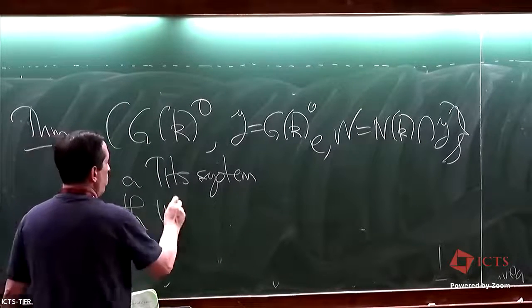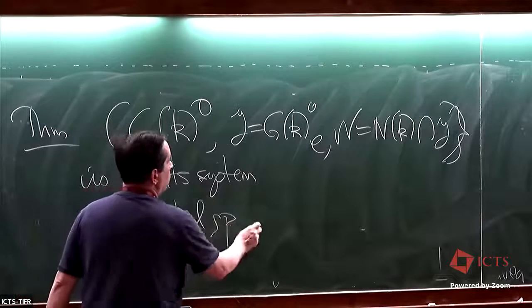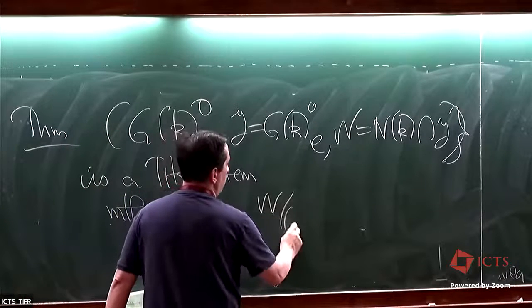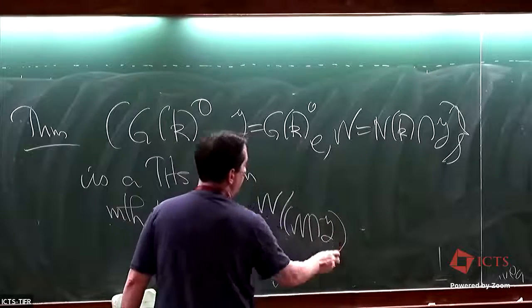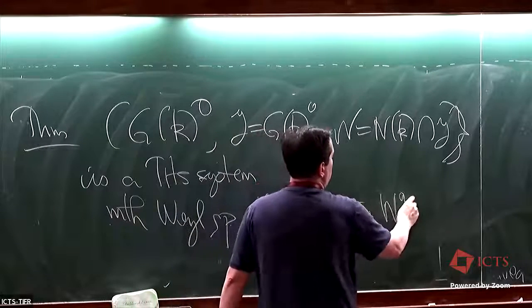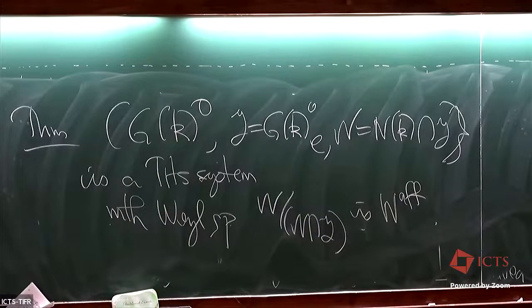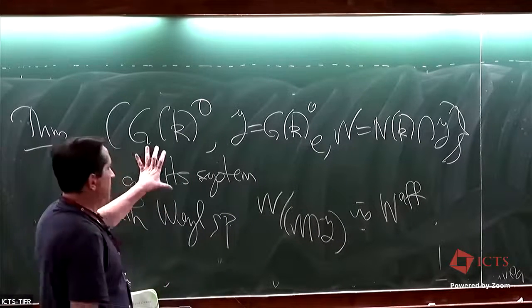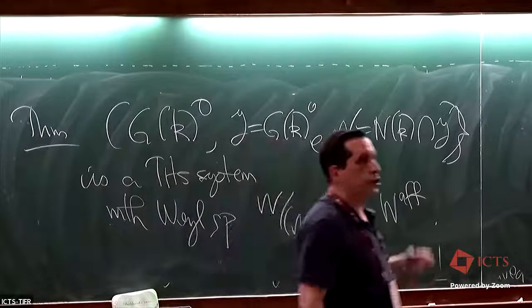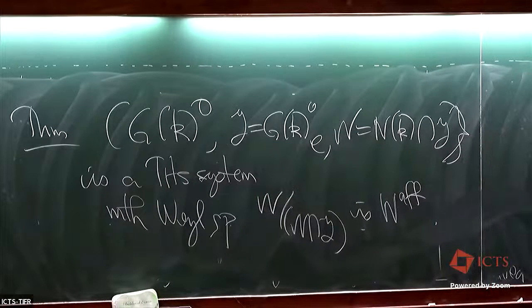And its Weyl group, which is defined to be N mod N intersect I, is exactly the affine Weyl group of the hyperplane arrangement. Okay? So this is a highly non-trivial group theoretic structure on this situation.